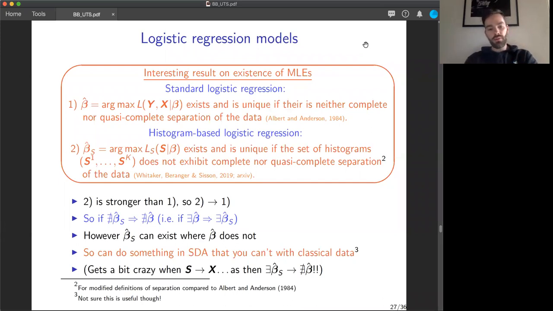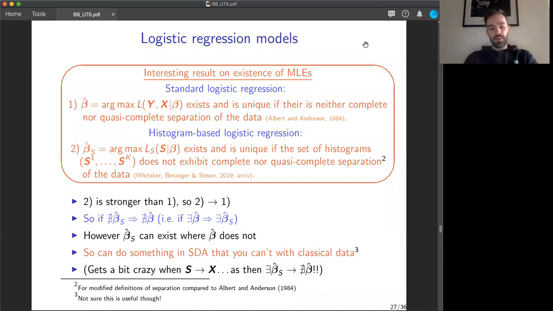Using a slightly modified version of separation for histograms, we can say that the maximum likelihood estimate using the symbolic likelihood exists and is unique if there is no complete or quasi-complete separation in terms of histograms. Obviously, the histogram condition is stronger than the classical one, which means that 2 implies 1.